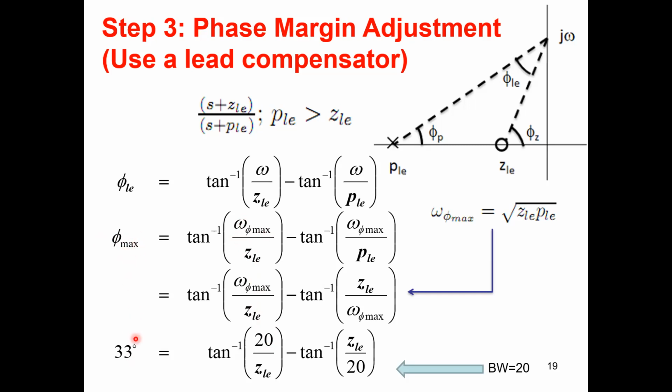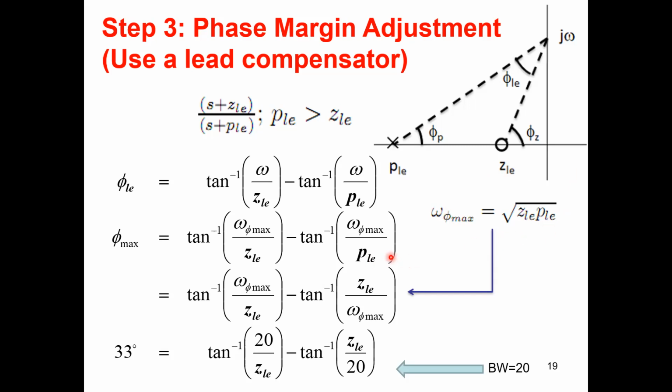So you substitute 33 here, 20 here, and here also. But still you have two unknowns, zero and pole. So we want to get rid of one of them, and we use this equation for that.